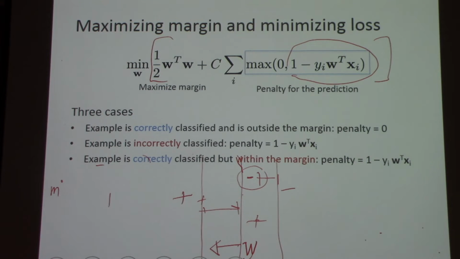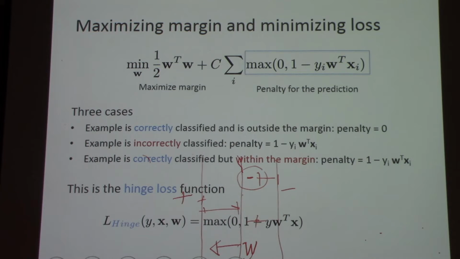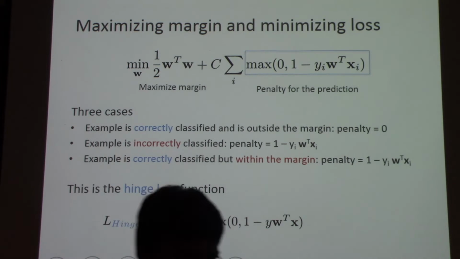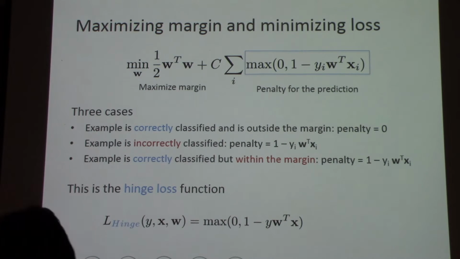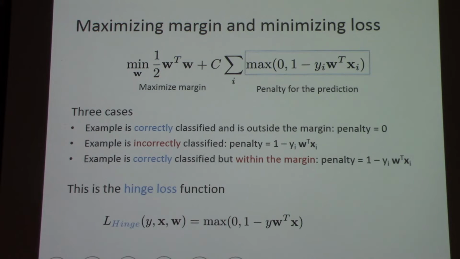So, this function inside the blue box up here is actually a named function. It's called the Hinge Loss. And this is the first time we are seeing this term loss. Loss is just another way of thinking of how much you penalize a weight vector, or in general, how much you penalize a model for making a mistake.